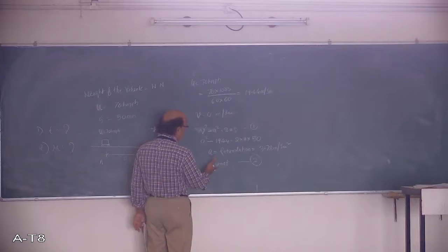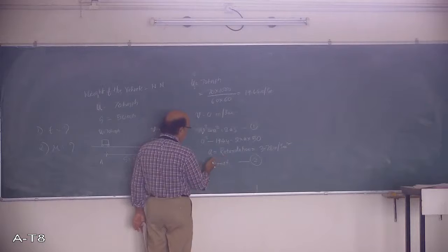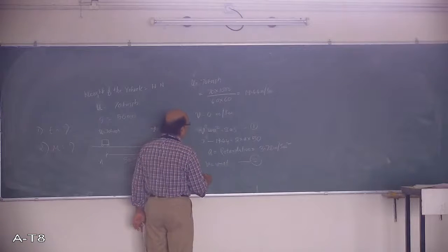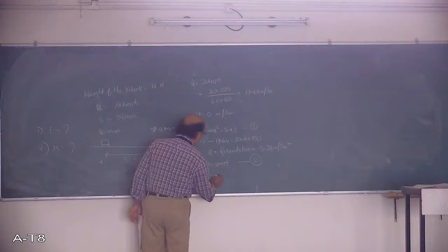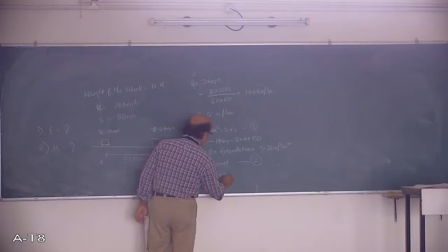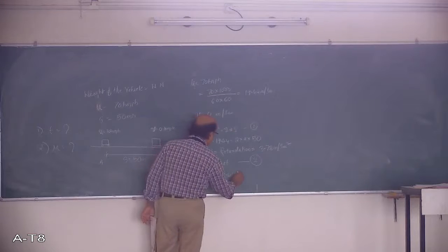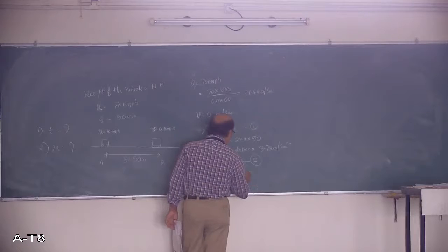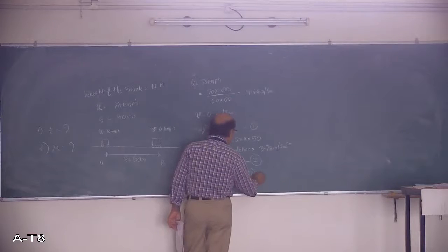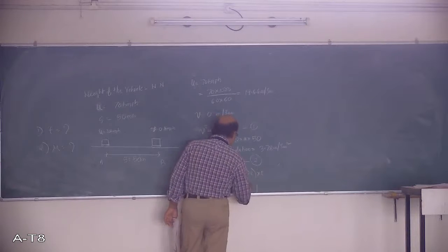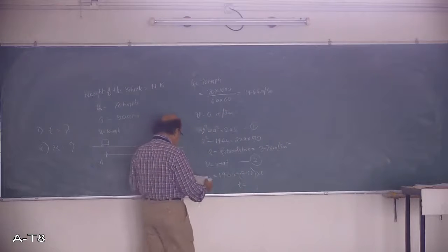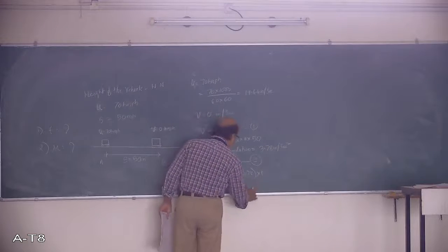In this equation, I know A, I know U, I know V, and the only unknown is T. Just substitute the parameters: V is equal to 0, U is equal to 19.44, plus A is equal to 3.78, retardation, which I take as minus, into T. From this equation, you will get T equal to 5.14 seconds.